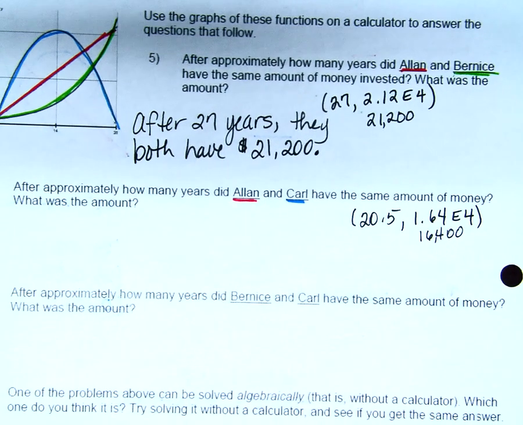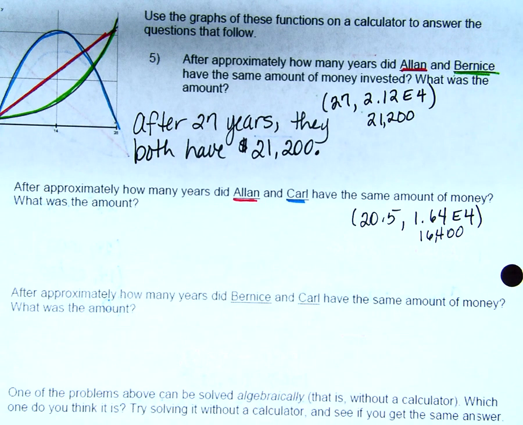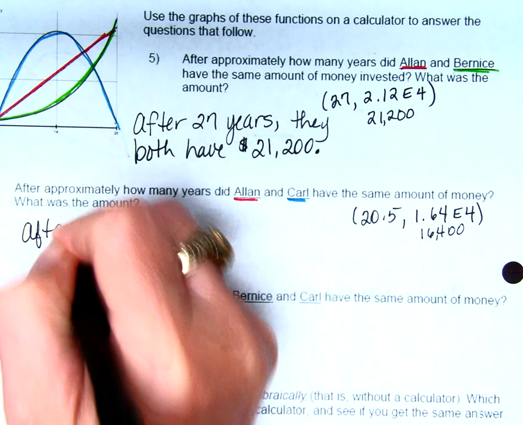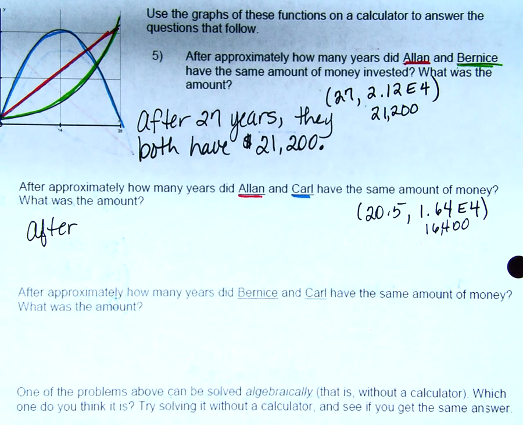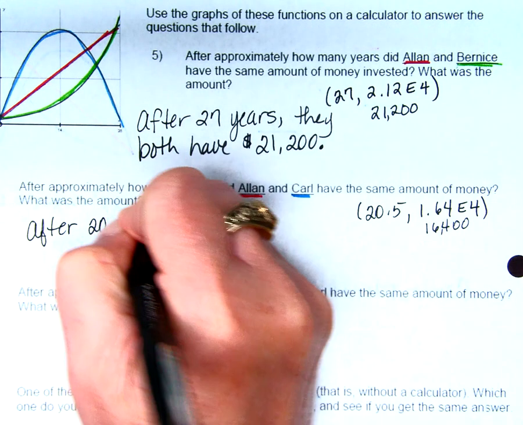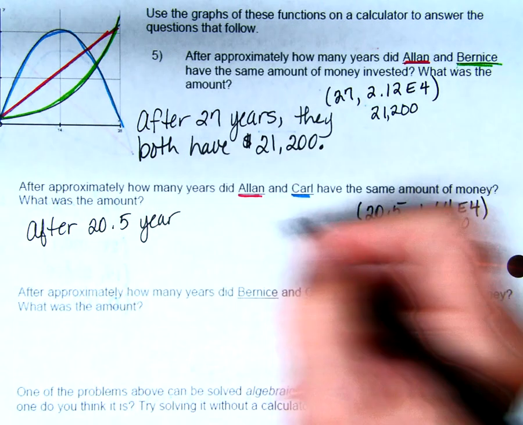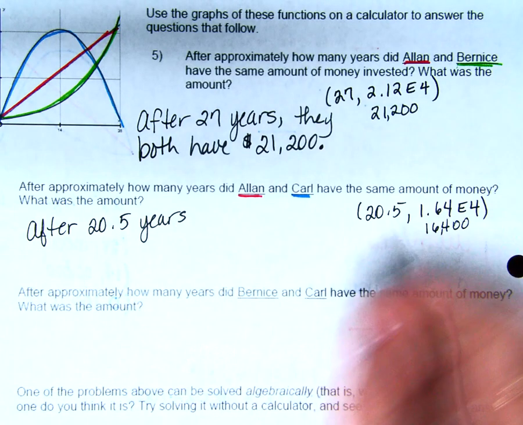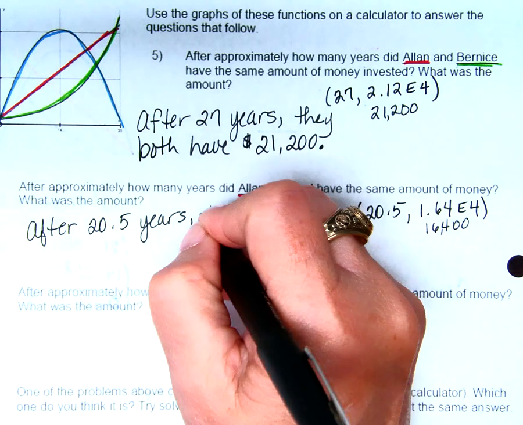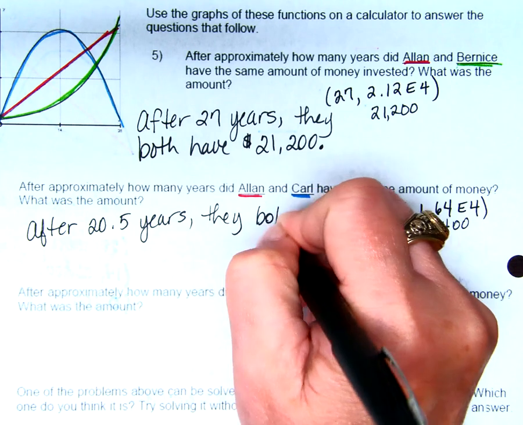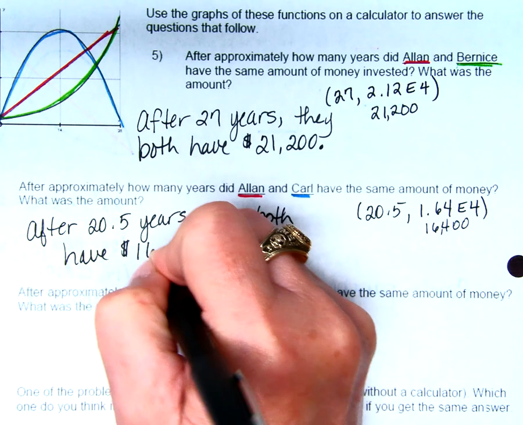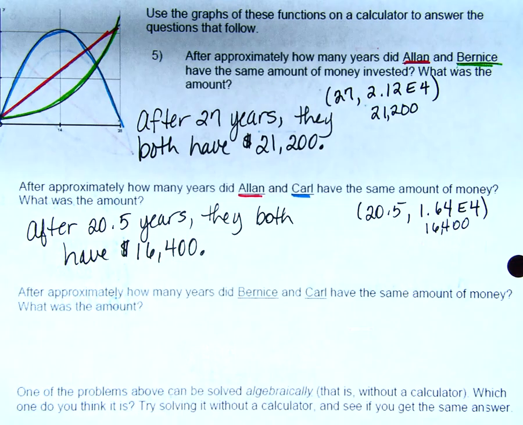After how many years did they have the same amount of money, and what was that amount? So after 20.5 years, because remember X is the time, right? The time. Then what? Good.